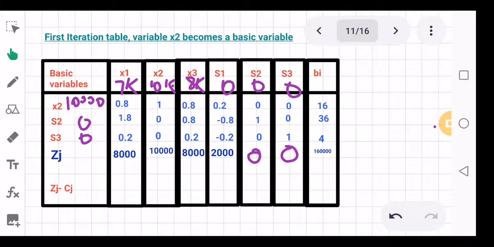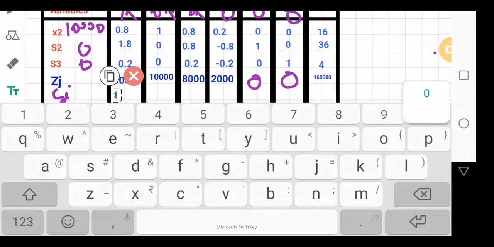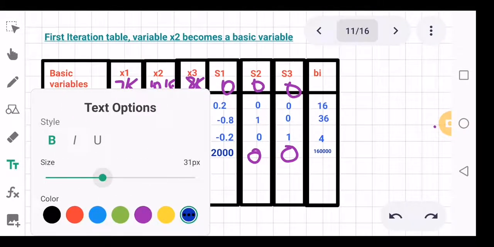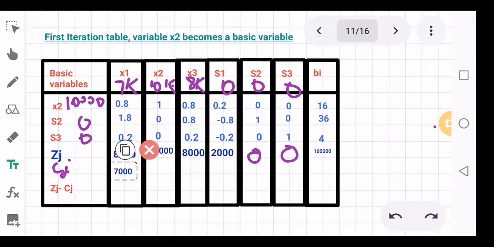Okay, and what are the Cj values? Cj values are these values: 7,000, 10,000, 8,000, 0, 0, 0. These are your Cj values. If you want, I'll just write it down. Cj value is 7,000.